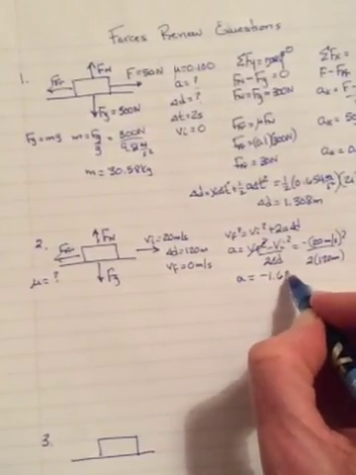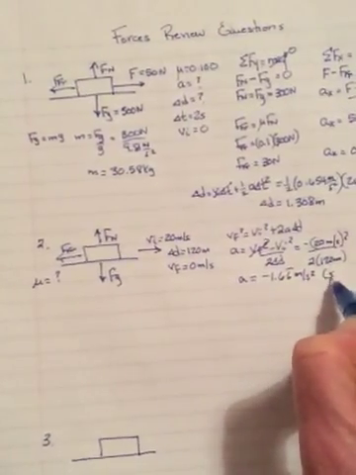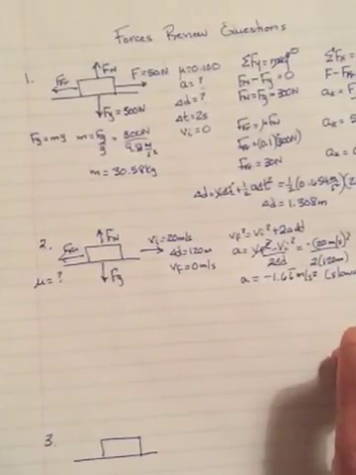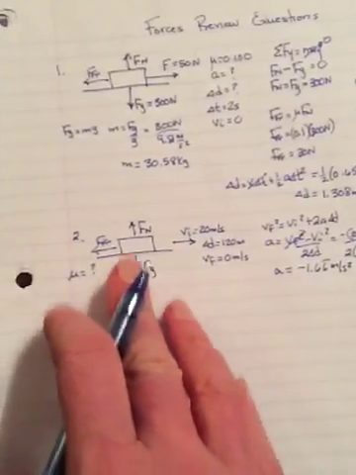Negative 1.6 repeating meters per second squared. The negative means slowing down. Okay? So we now have our acceleration, we want our mu.